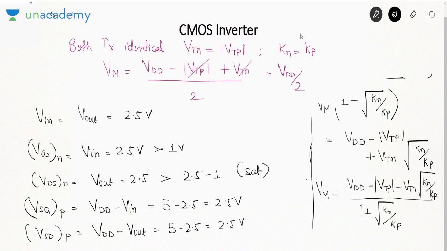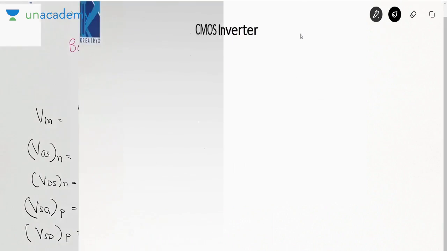So you can say that VSD is greater than VSG minus mod VTP. 2.5 is greater than 2.5 minus 1. Again it is in saturation. So at the midpoint voltage, both transistors lie in the saturation region, and the output and input are both equal to the midpoint voltage. That is the third case where we have input and output as equal.